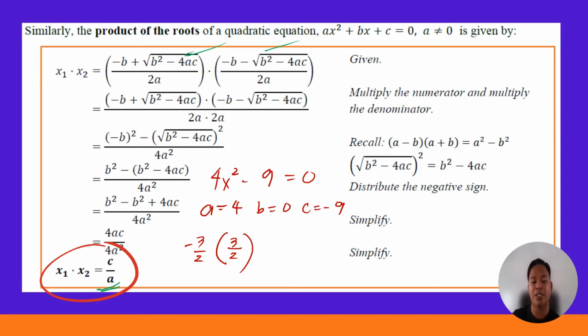So if we multiply, we have negative 3 times 3, negative 9 over 2 times 2, which is equal to 4. Which is a proof that the product of the roots is equal to c over a. Since the value of c in the given equation is negative 9, and the value of a is equal to 4. Have you understood? Did you get it now?